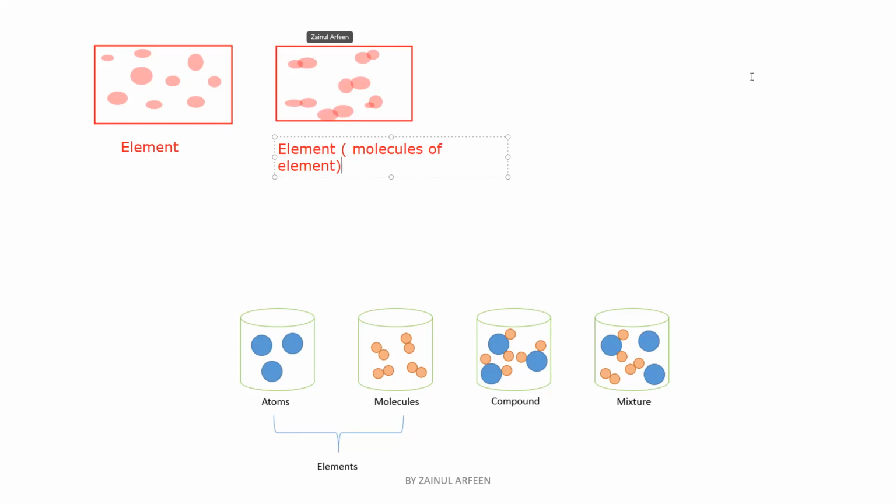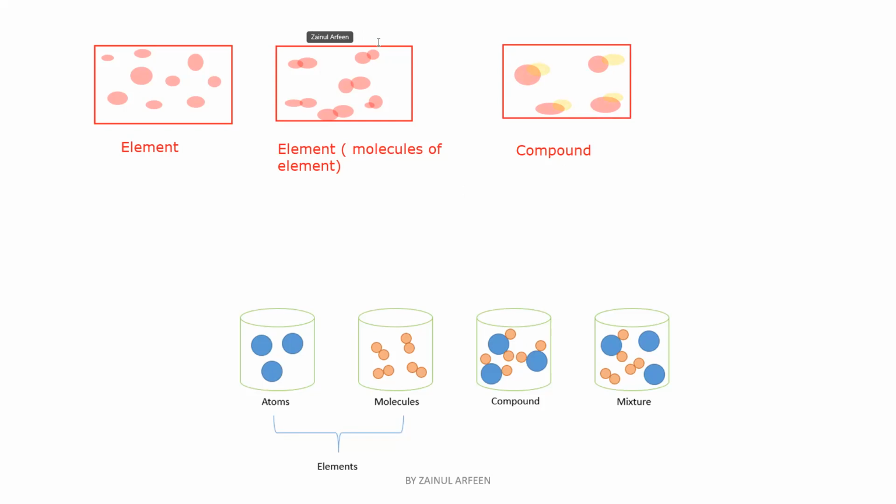But if we have different types of atoms chemically joined together, what do we call this substance? When different types of atoms join together, we call that substance a compound.